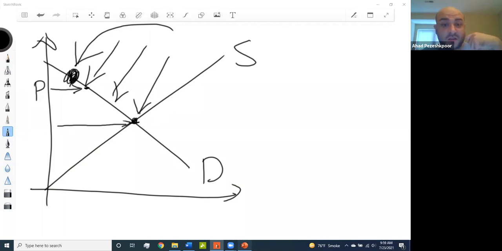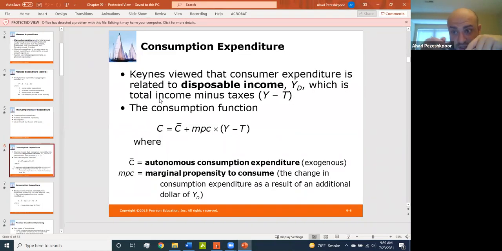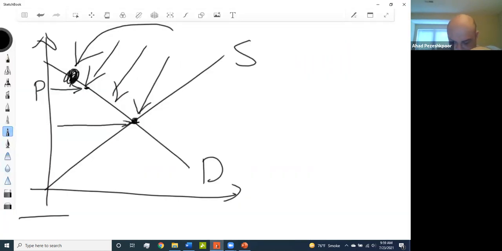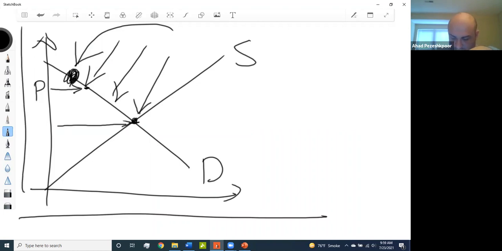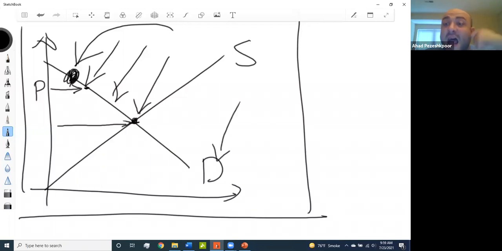And this is what Keynes said, that this is the basis of every single classical economic thinking, and it is not realistic because this only works when the person on the demand side has the money to pay for this. If the person doesn't have the budget, it doesn't matter how much he or she values the good.